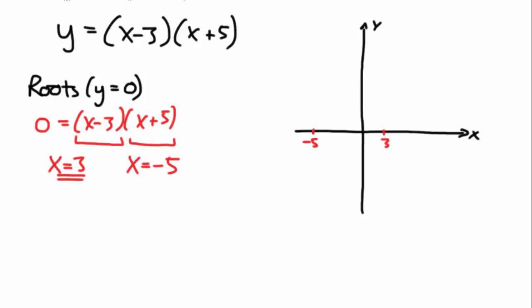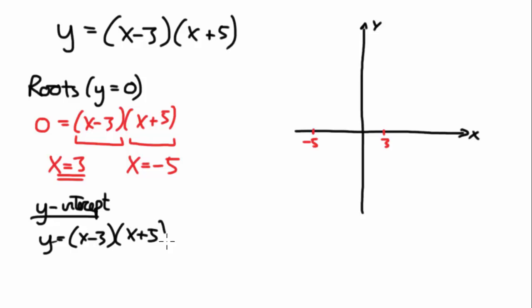What we then want to work out is basically the y-intercept, and that's essentially when it's going to be cutting the y-axis, and that's always when x is 0. Okay, so what we say is y equals x minus 3, x plus 5.